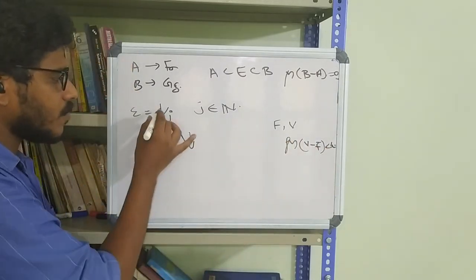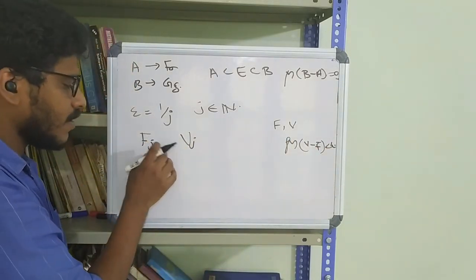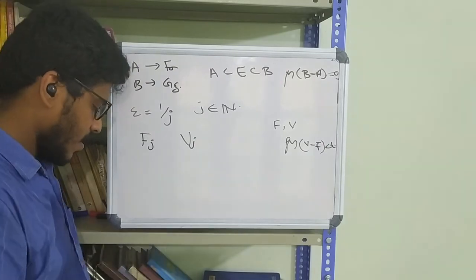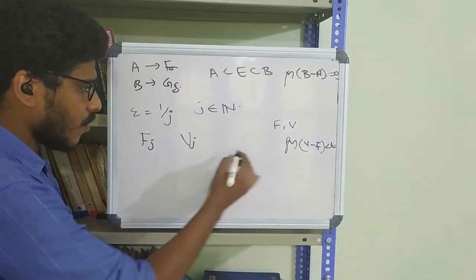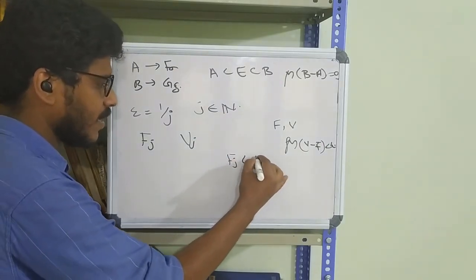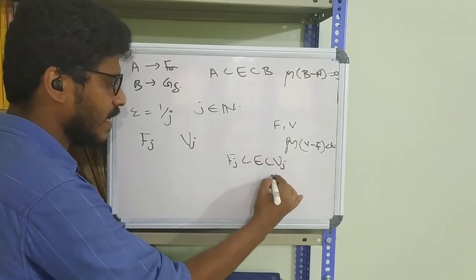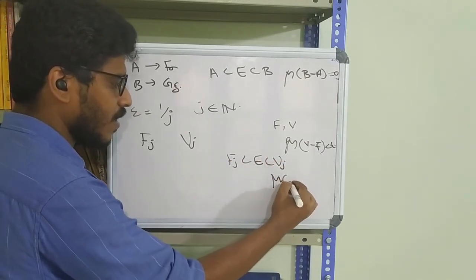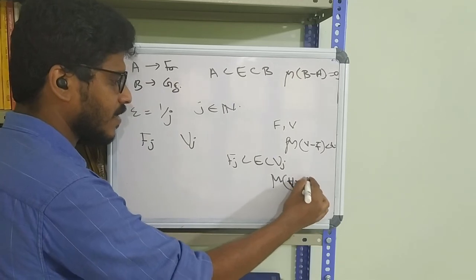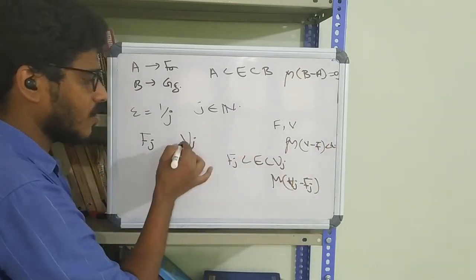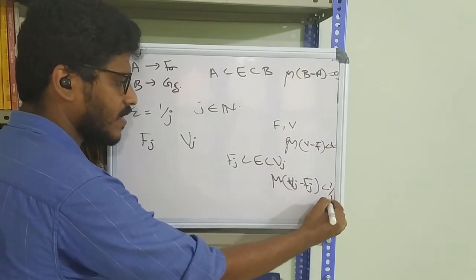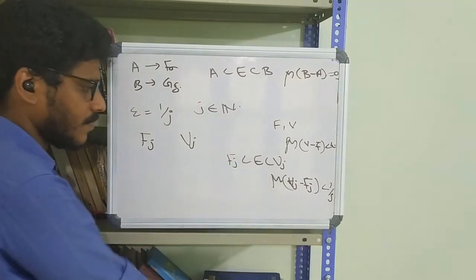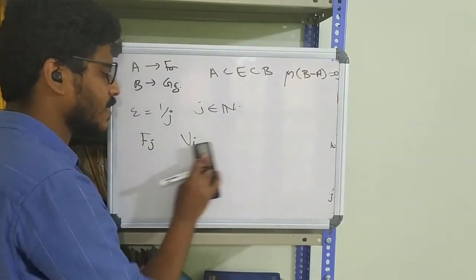So for epsilon equal to 1 by J, we can find Fj's and Vj's such that E is contained in between them, or Fj is contained in E, which is contained in Vj, and measure of Vj minus Fj is less than epsilon, which is 1 by J here. So this is possible, right? So such a construction makes sense.